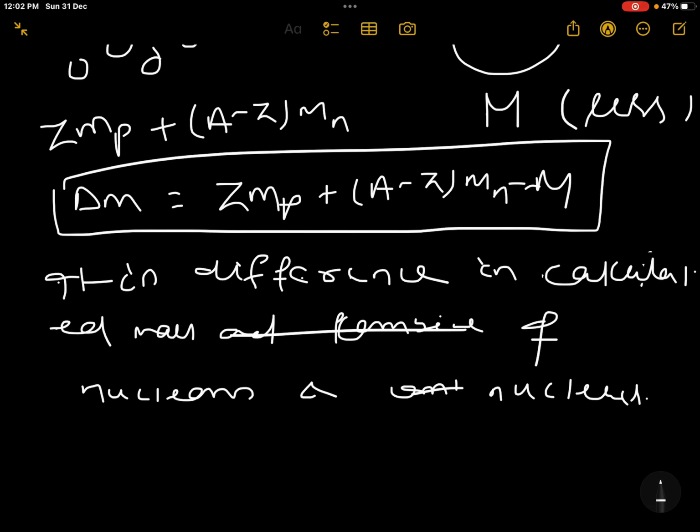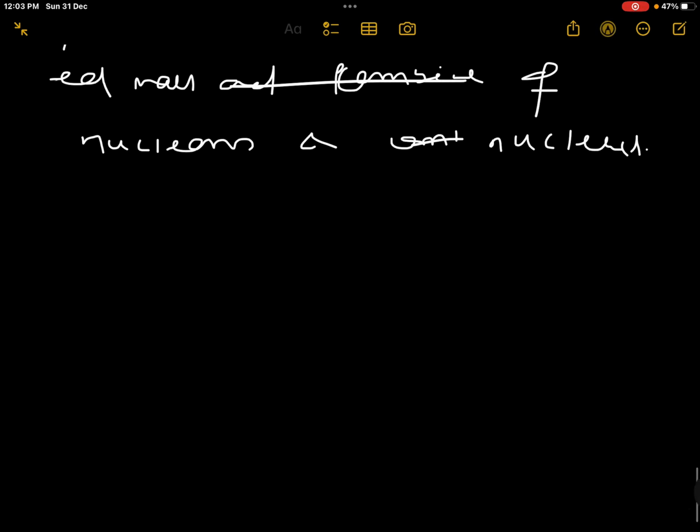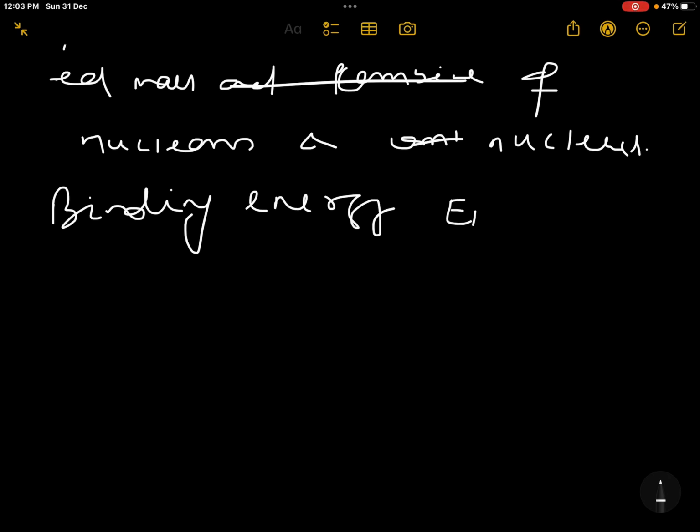Okay? So where did this mass go? It is converted to equivalent energy known as binding energy. Now what is binding energy? The energy that separates the nucleus.